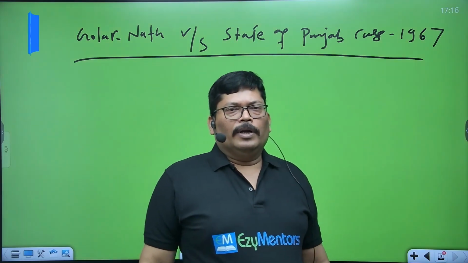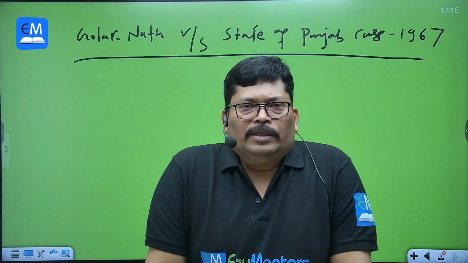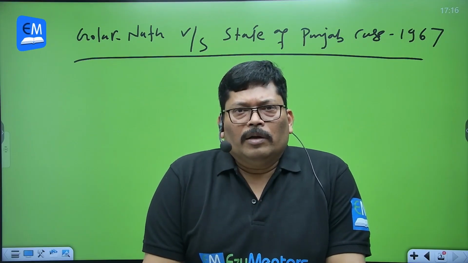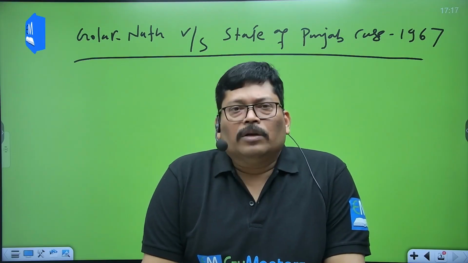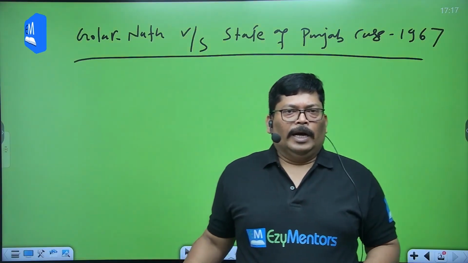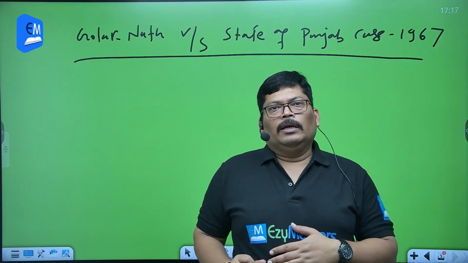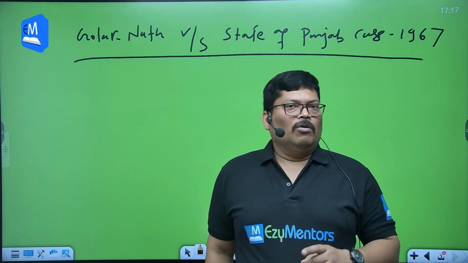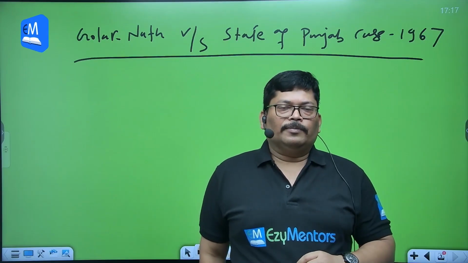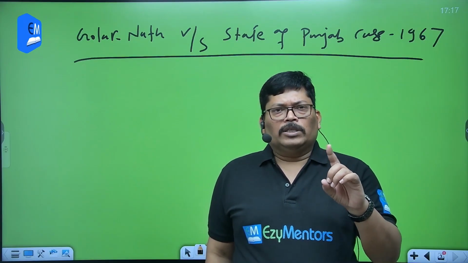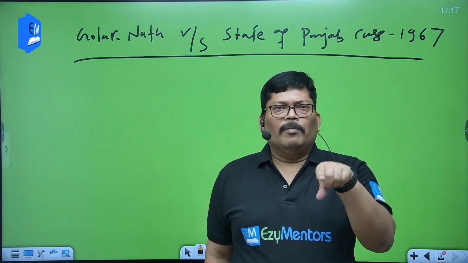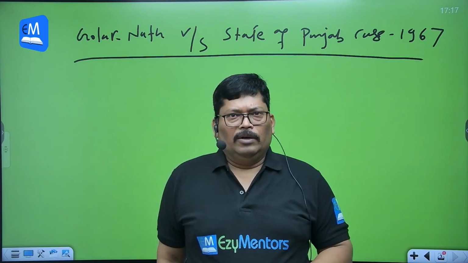The Supreme Court of India entirely changed its stand corresponding to the power of the Parliament to amend the Constitution, more precisely to amend the fundamental rights. And here the court opined that the Parliament of India enjoys only one set of power, and that is the ordinary legislative power. The Parliament of India has not been provided with constituent legislative power within the ambit of Article 368. Why was it so?